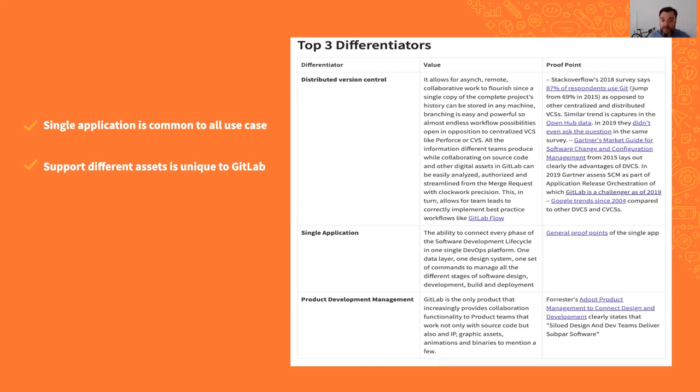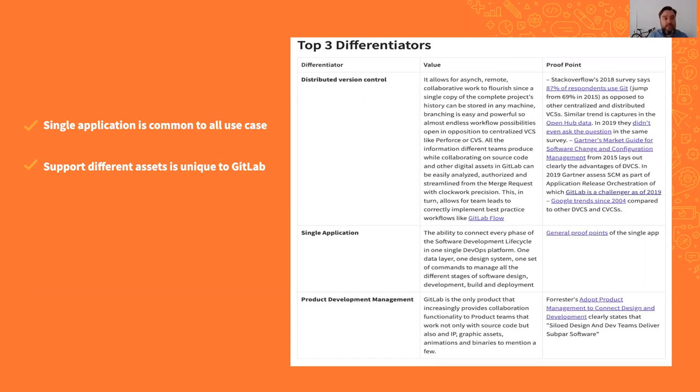Think of design management. You are able to upload designs to your issues and work, at least in the late stages as of now, and collaborate on those types of assets, which is something that other version control and collaboration tools, or in fact, source code management tools, do not manage well.